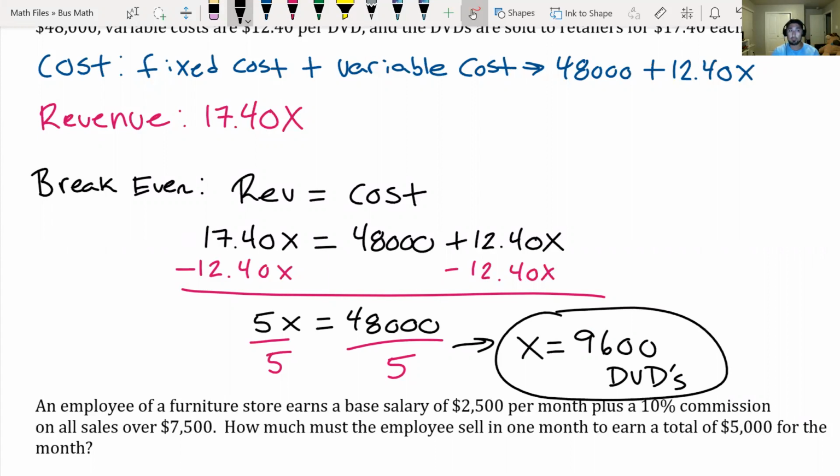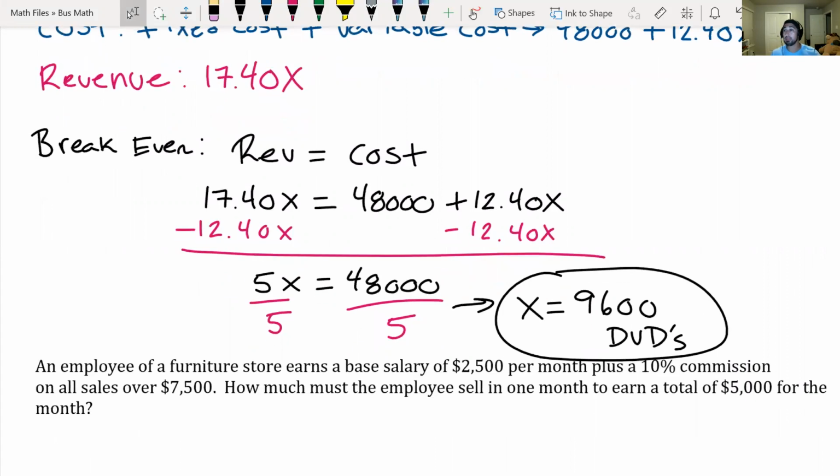Okay. So in order to break even, we must produce 9,600 DVDs. Okay. Awesome. All right. So that's how we set up a break even. We set cost equal to revenue. All right.